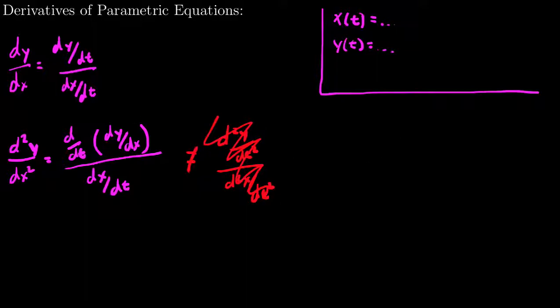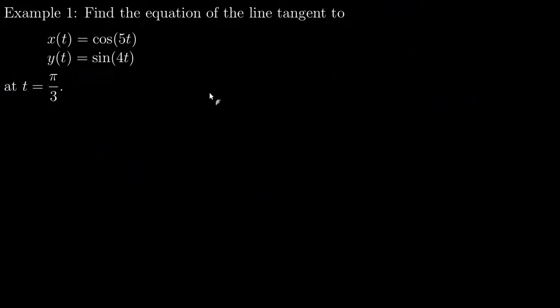Let's see a couple examples of how this works. So the first one, find the equation of the line tangent to this at t equals pi over 3. Well, to find the tangent line, I need the point. So let me find the point first. I need to find x of pi over 3, which will be the cosine of 5 pi over 3, which equals 1/2.